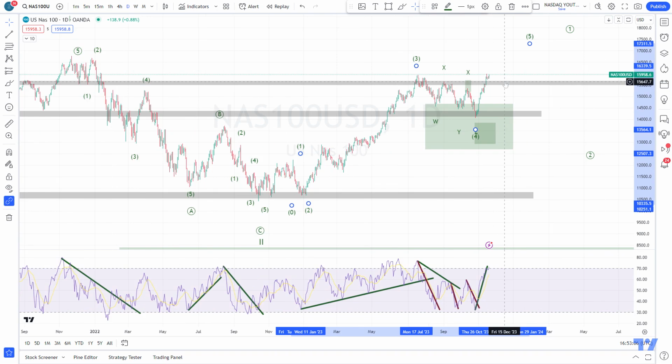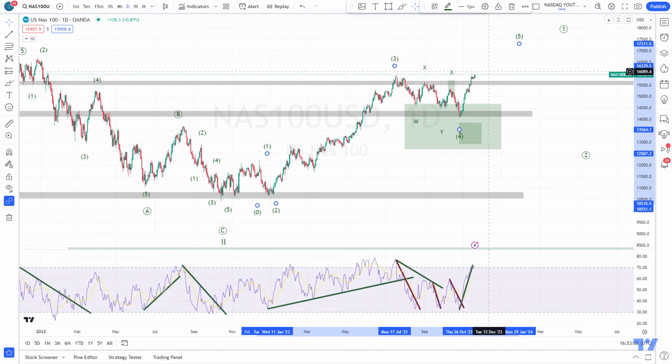And so actually the only thing we can do to have a better view of our fifth wave is simply looking at the lower time frame, and each time we have a complete structure.